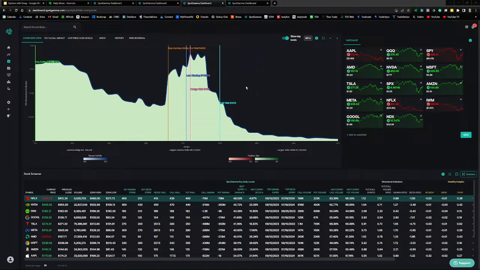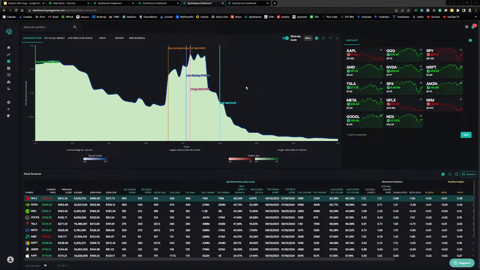Remember, when traders buy calls, market makers sell the calls, and they have to buy stock to hedge their delta exposure. Well, when their delta exposure is dropping due to this call gamma unwind, the drop in delta as time passes, they can sell their long stock hedges, and that's a call gamma unwind that can help to move a stock lower.